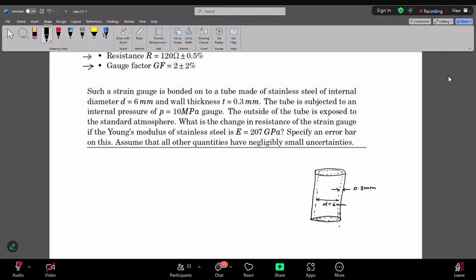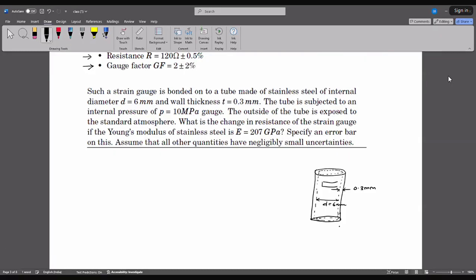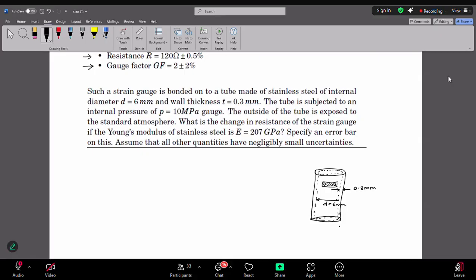The strain gauges are typically mounted like that, on the surface of the tube. And the strain gauge, as you know, will have some kind of foil, which will be running like this. These terminals go to the Wheatstone bridge, right?